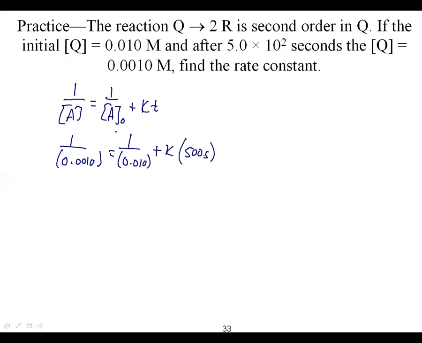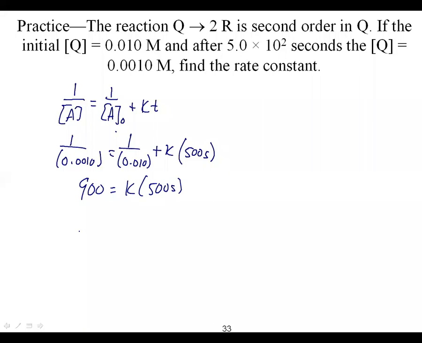So here we want to take basically 1 divided by 0.001. We're going to subtract it from 1 divided by 0.01. And that'll give us something like 900 equals K times 500 seconds. We then would divide it by 500, and we would get K equals 1.8.